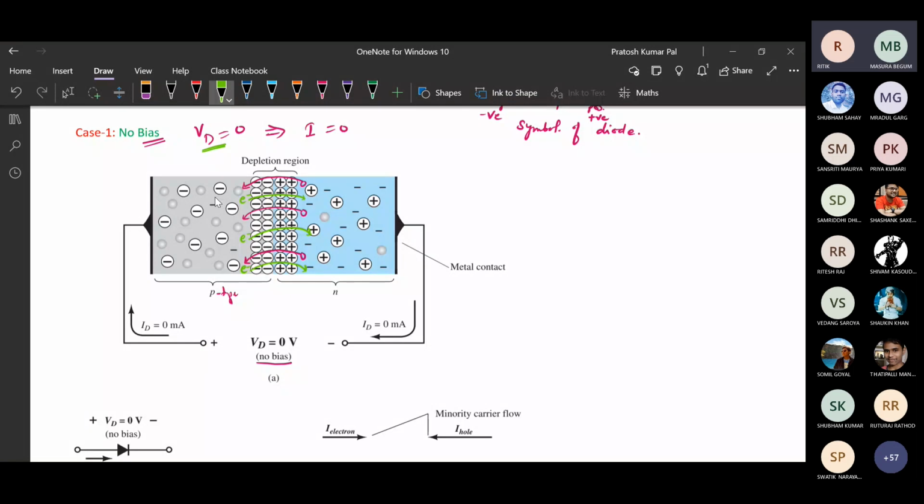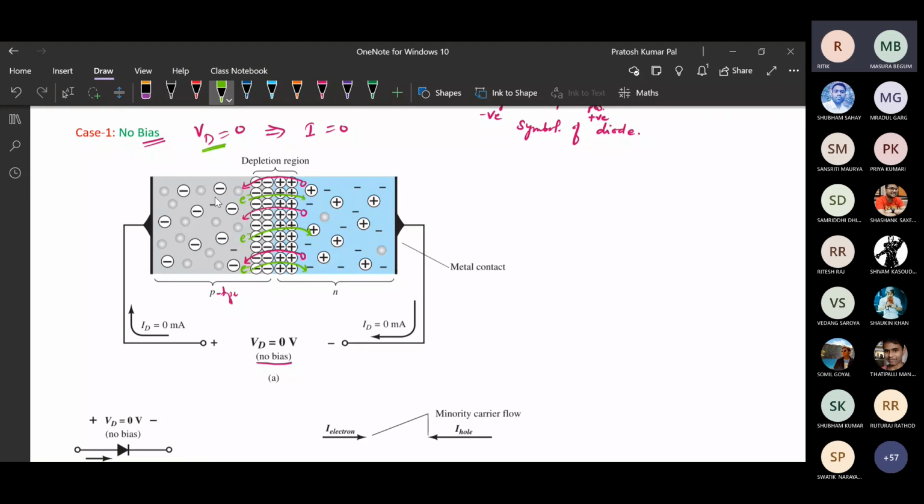At that time, whatever minority carriers are available in the p-type region or the n-type region will be going back to the opposite side, where they are majority carriers. So these holes moving to the p-type will be initiated by the immobile charge carriers, which attract the holes from the n-type region to the p-type region.